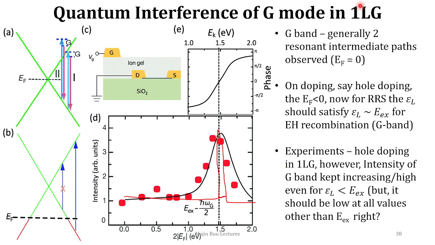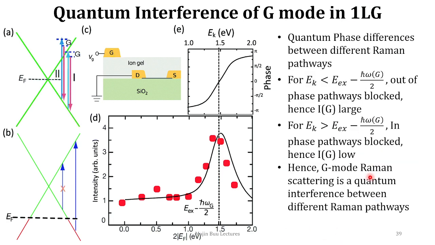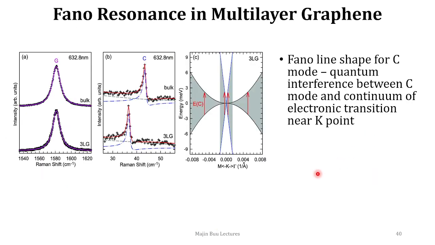While this is the case for a single layer graphene, in a multi-layer graphene you actually have the Fano resonance, that is the quantum interference between the phonon modes, the C mode, and the electronic transition that can be seen near the K point.